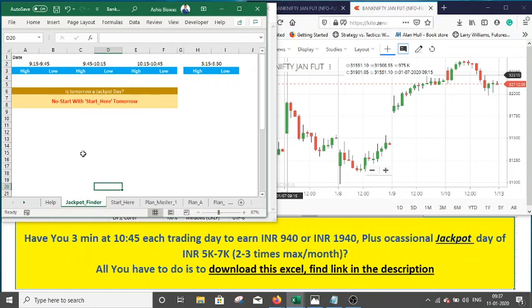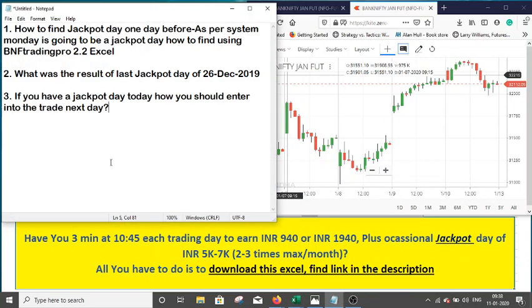It is very important to know that once you understand that tomorrow is going to be a big movement day, then you can plan your trade accordingly. So today I will show you how to find jackpot day one day before. As per the system, Monday is going to be a jackpot day, and this Excel sheet is anticipating that Monday is likely to be a big movement day.